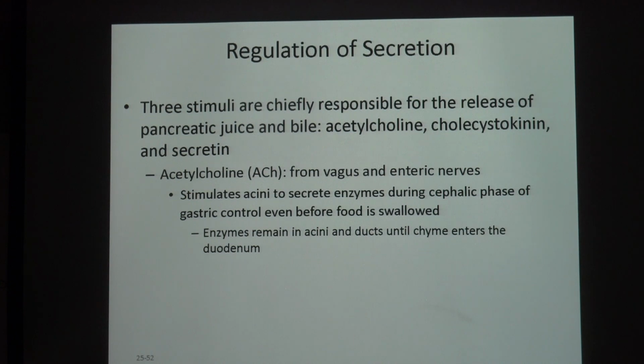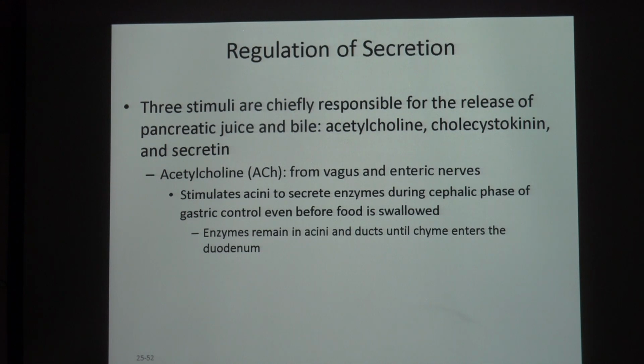Acetylcholine also can be stimulated by the vagus nerve. Oh my goodness, here we are in the autonomic nervous system again. Rest and digest, parasympathetic mode. We're also looking at the enteric nerves right here. And again, that enteric system is a somewhat independent system found only in the digestive system that has no control from the central nervous system.